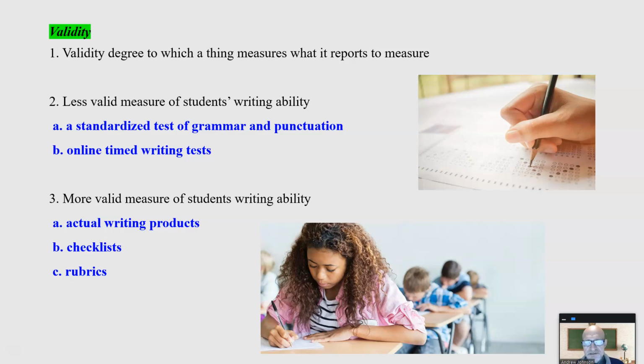I'm a real writer. Sometimes my grammar and punctuation isn't just right. I have never been timed to write a chapter. Okay, Dr. Johnson, you have 20 minutes. Write your chapter, go. A more valid measure of students' writing ability would be their actual writing products, checklists of some sort, mini checklists over time, or rubrics. So validity: the degree to which something measures what it reports to measure.